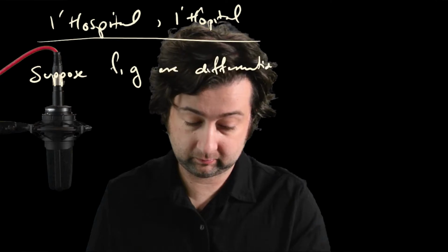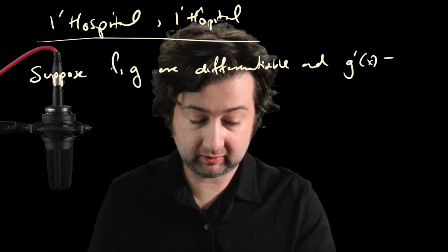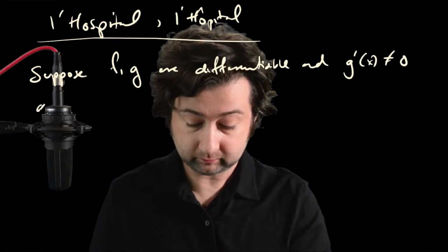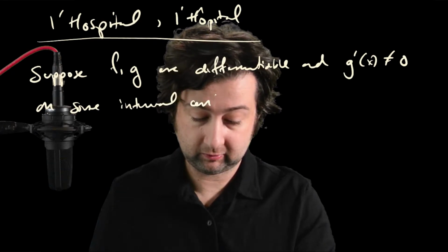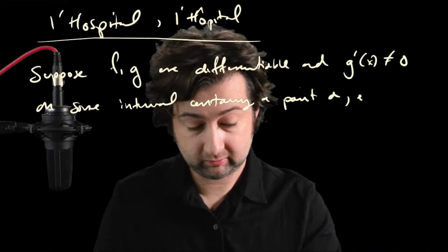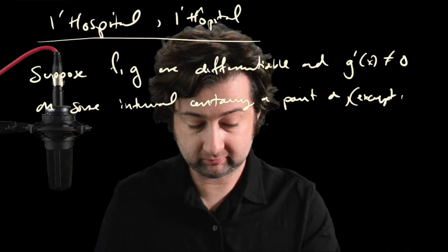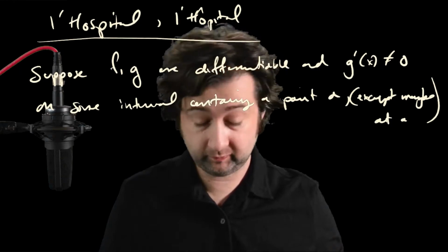So suppose that f and g are differentiable, and that g prime of x is not equal to 0 on some open interval containing a point A, and, I guess I should say, except maybe at A. That could happen, it's still okay.